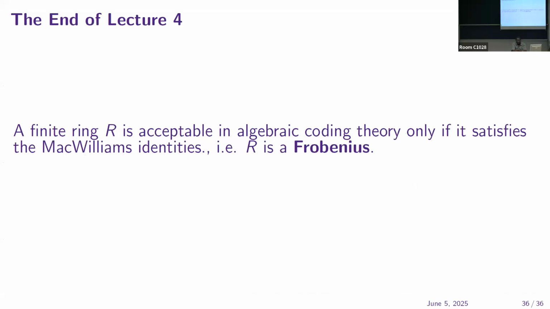To finish this lecture, we can say that a finite ring R is acceptable in algebraic coding theory only if it satisfies the MacWilliams identity. This means that R is a Frobenius ring.